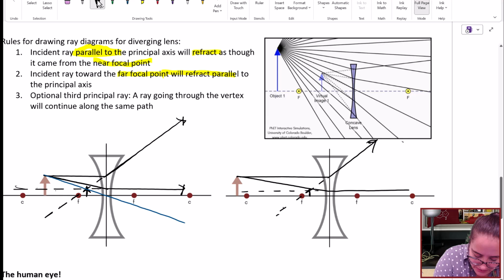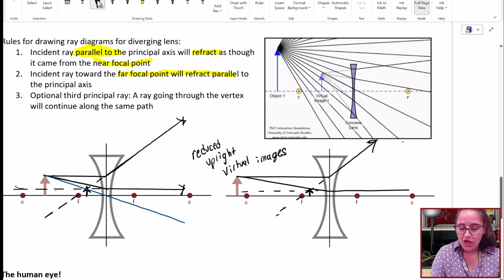And we can see that diverging lenses are pretty much always going to make reduced, upright, and virtual images.